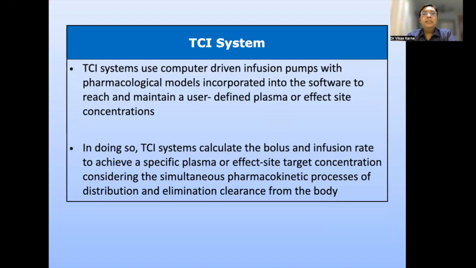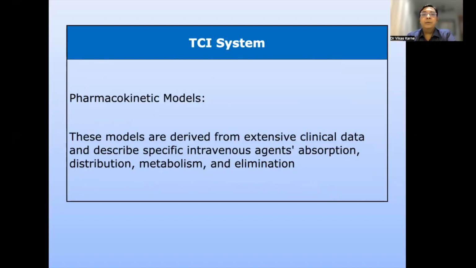These are computer-driven infusion pumps with pharmacological models incorporated into the software. The TCI system calculates the bolus and infusion to achieve a specific plasma or effect site, that is brain, target concentration, considering the simultaneous pharmacokinetic processes: the distribution, elimination, and clearance from the body.